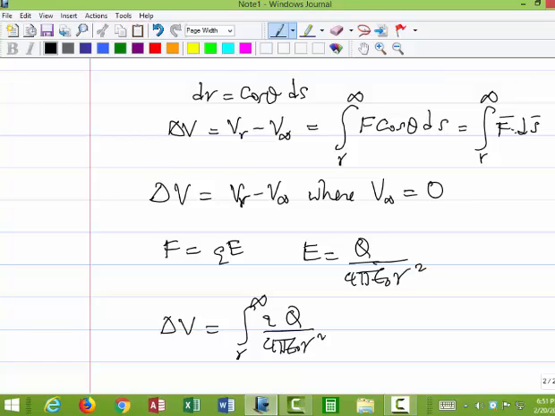I guess I should have just left it that way. I don't think I need to go through all that. I'm doing more than I should be doing. So at this point, the electric field is radially out.